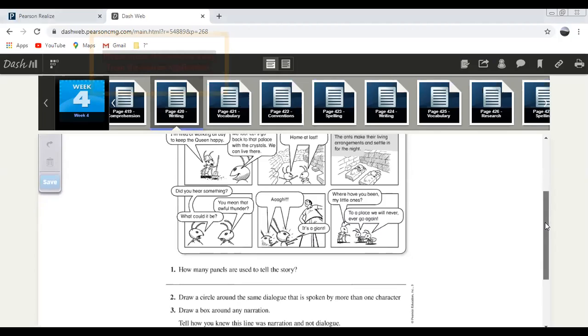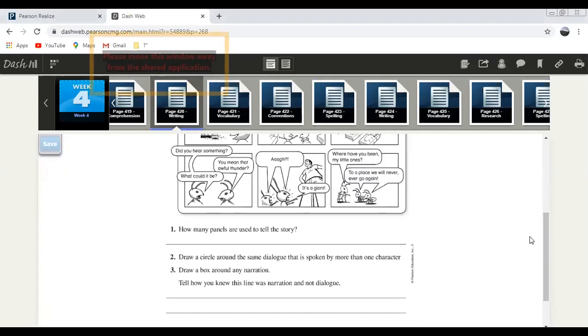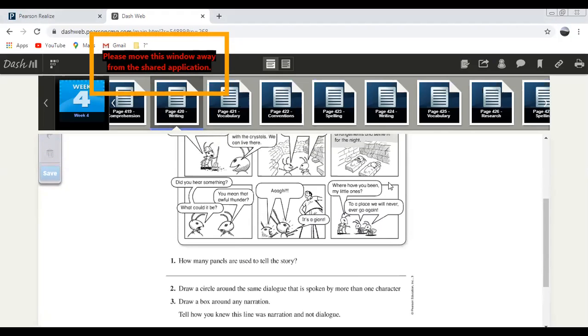Okay, let's answer the questions. How many panels are used to tell the story? Panels are the boxes where we have pictures inside them. Yalla, someone answer me. Look at Yalla.